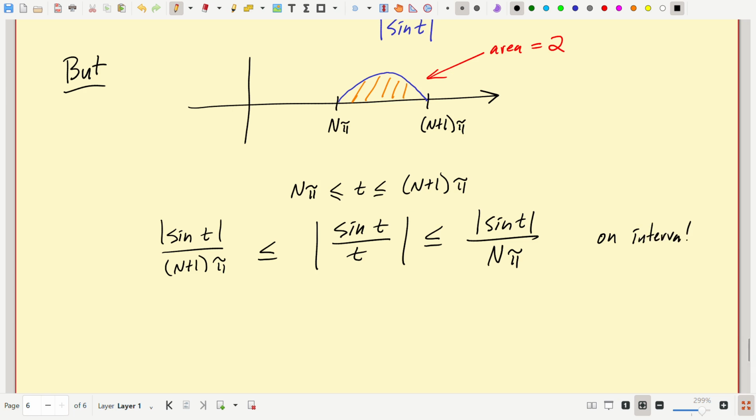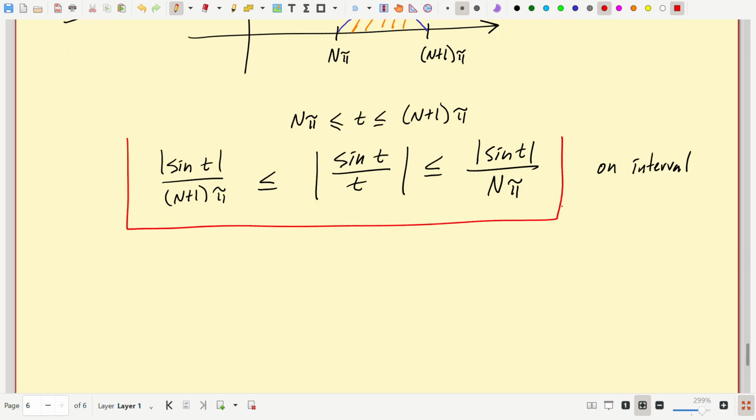And so if I integrate, put this in a box maybe, integrate from n pi to n plus 1 pi. When you integrate absolute sine of t, you get the area of that hump.